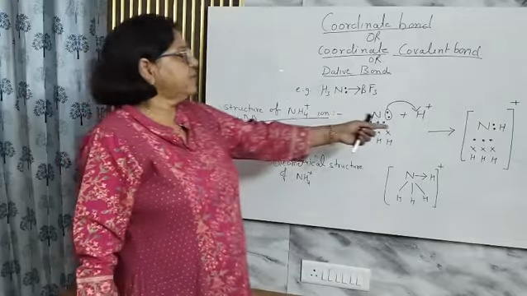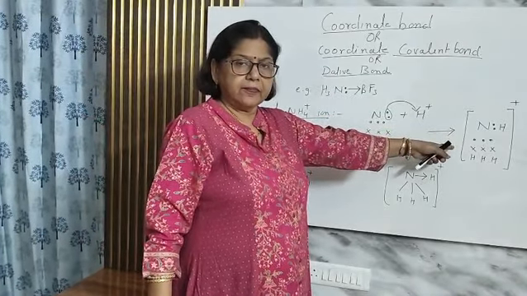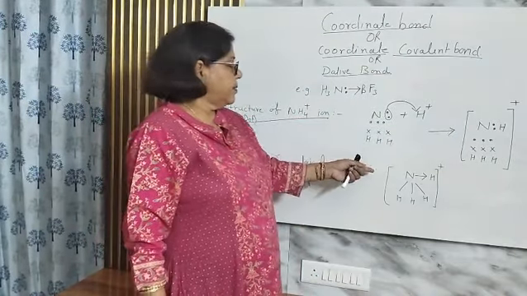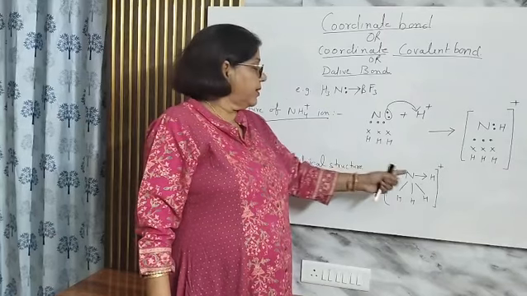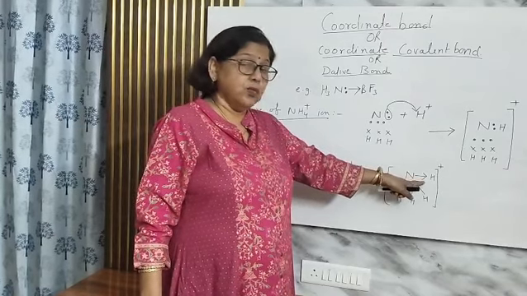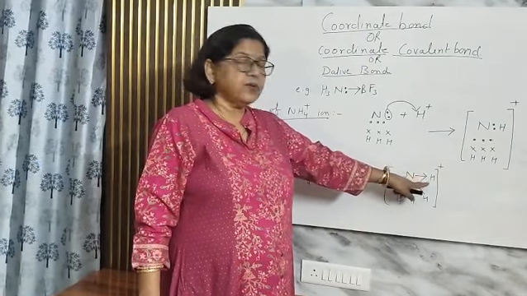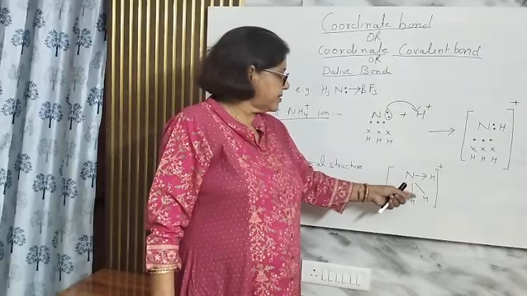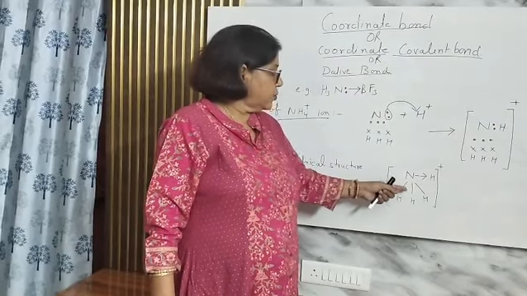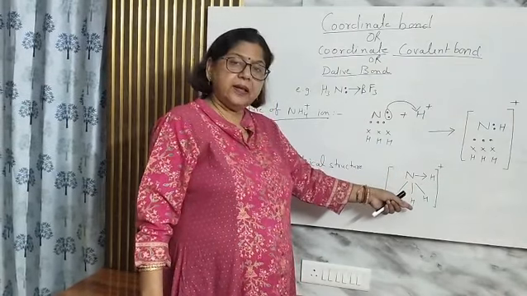Now, this was the electron dot structure of the ammonium ion, and here comes the geometric structure of the ammonium ion, where this arrow shows that nitrogen is donating a pair of electrons to this hydrogen, and these three straight lines tell that there is a covalent bond between nitrogen and hydrogen, right?